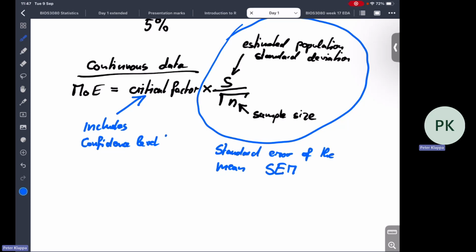So this 95% is a sort of an additional number to make this equation work in a way. How do you find that?